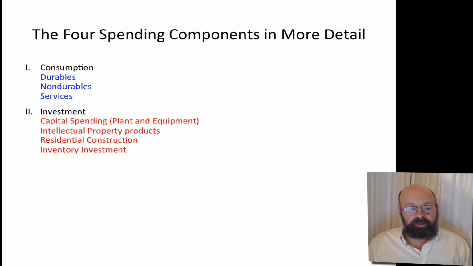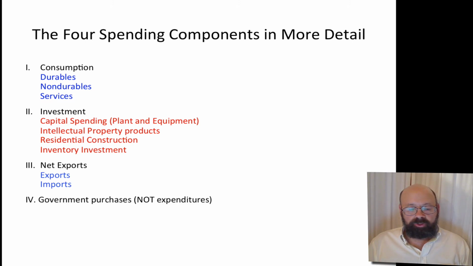And finally, another component of investment spending is known as inventory investment, which is your change in the stock of inventories. Net exports can be broken down into exports as well as imports.